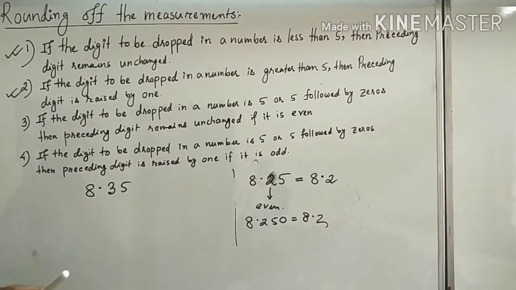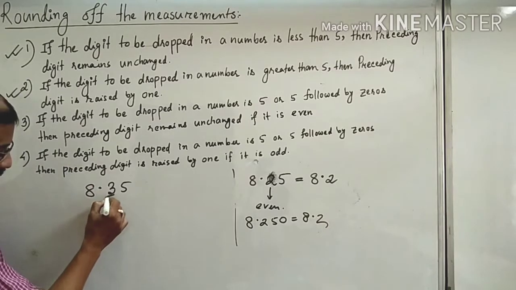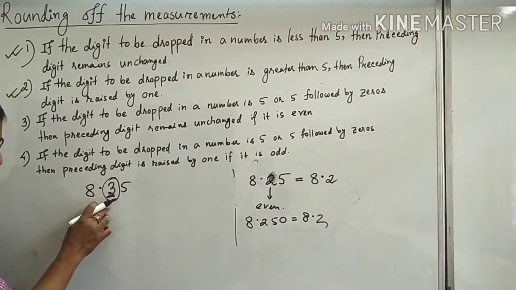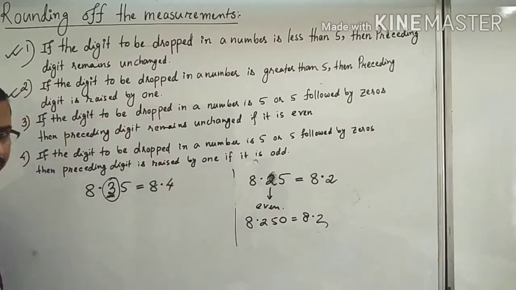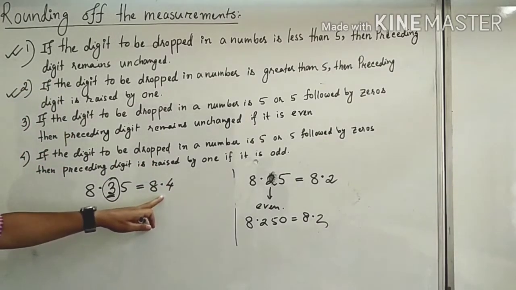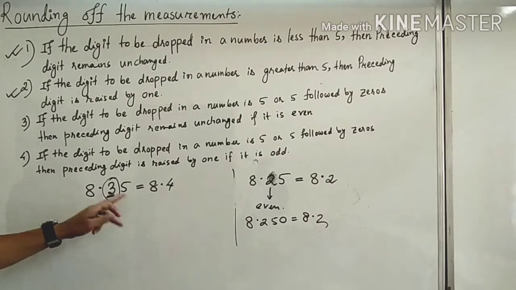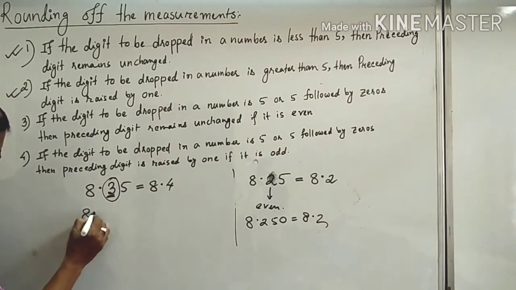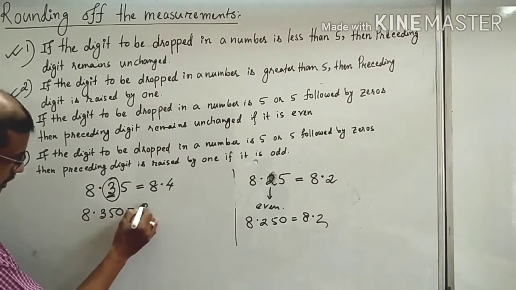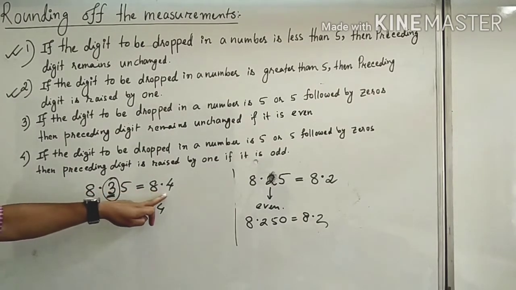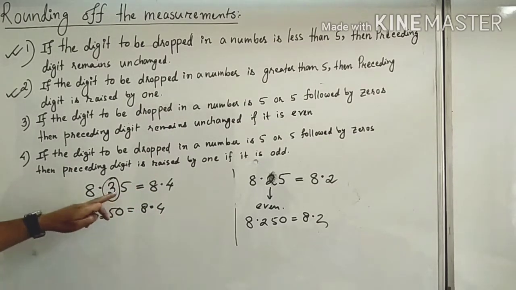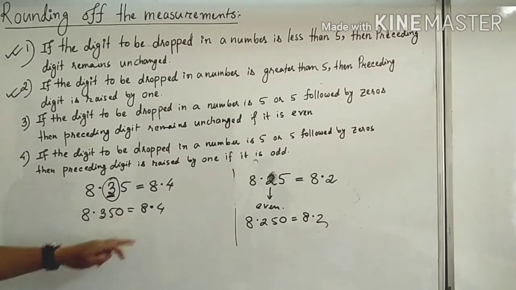According to this rule the preceding digit 3 must be raised by 1, so after rounding off you can write 8.4. Similarly 8.350 can be written as 8.4, even if there is a 0 after the 5.